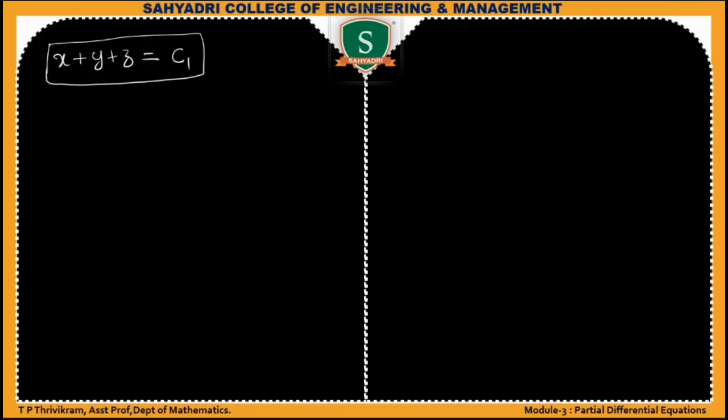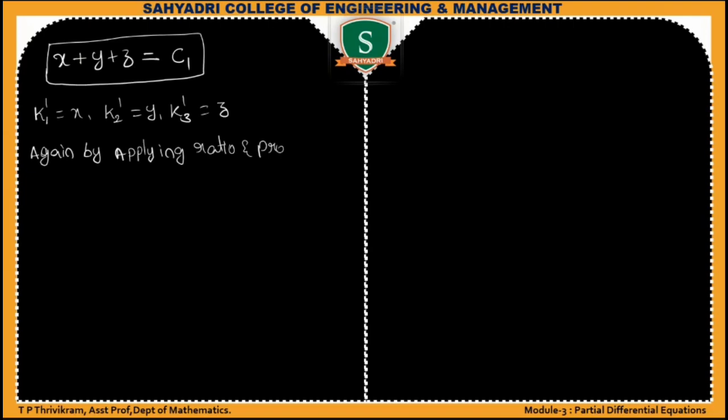Okay, so this is one of the solutions. Next, the second multiplier. What is that second multiplier? K1 dash is equal to x, K2 dash is equal to y, and K3 dash is equal to z. Again, applying ratio and proportion on equation 1.